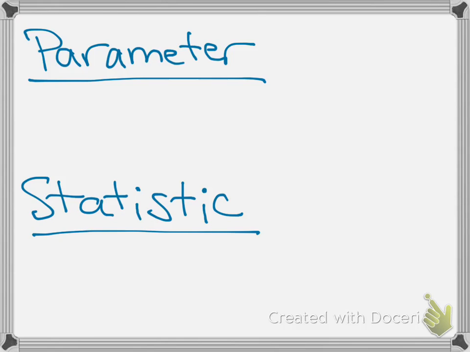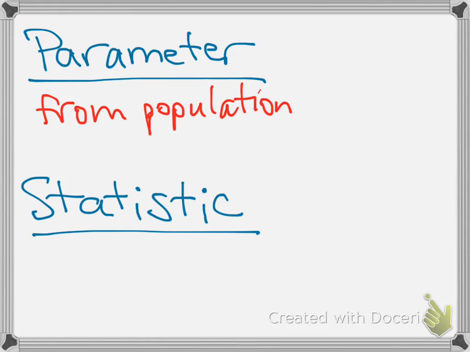So the first couple of things that you need to be familiar with is the difference between a parameter and a statistic. A parameter is a value that we are measuring from the population. And remember that a population involves all of the individuals that we are interested in learning something about.